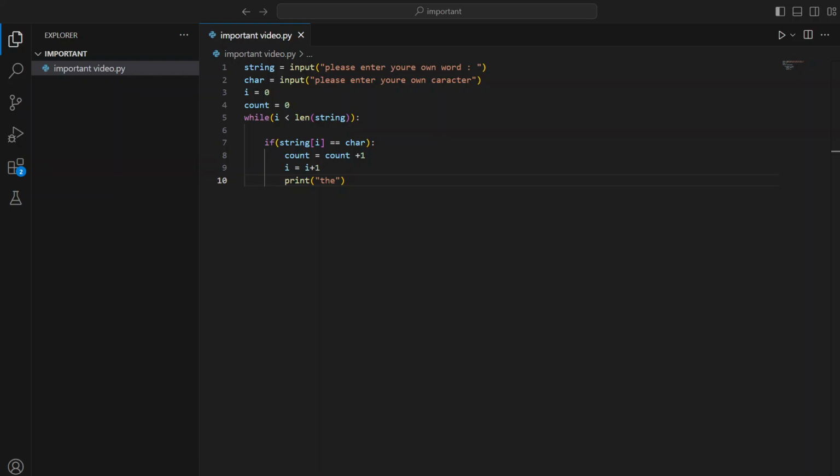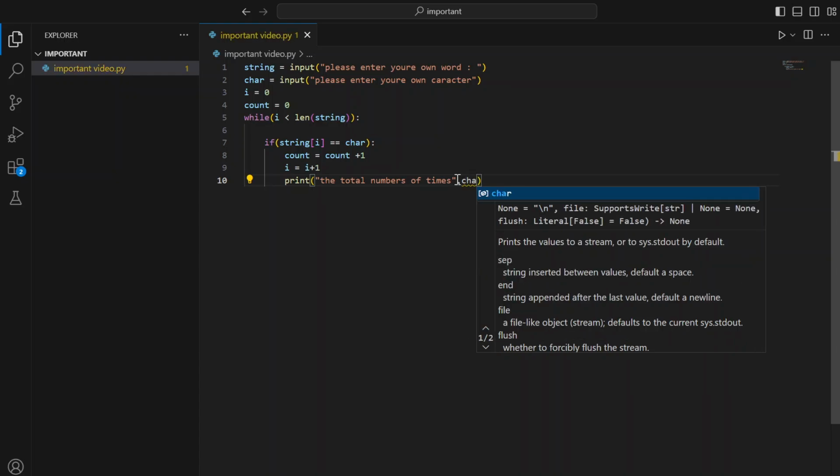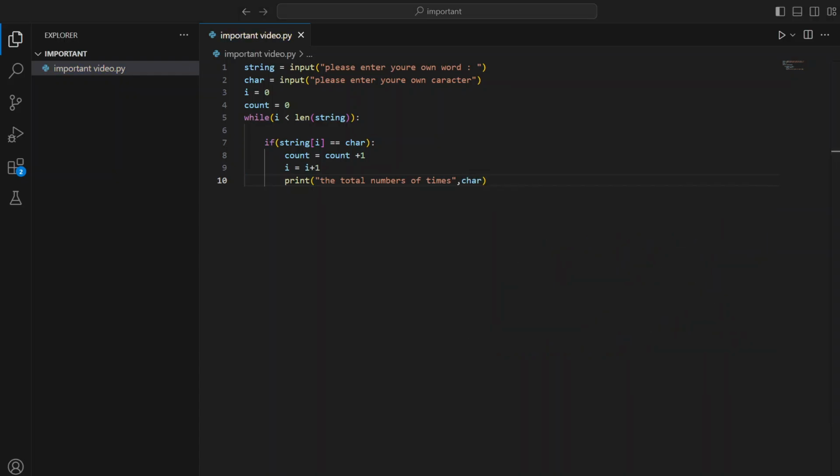Right now there's no space, I didn't put a space.